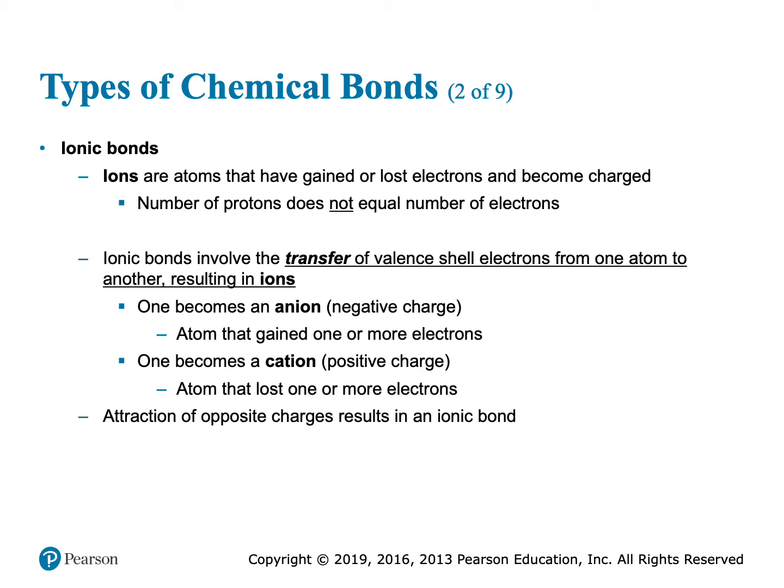Well, you might remember from algebra in math, we don't write 1x, we just write x. Now, if it's 2x or 3x or 4x, you have to write that. But if it's just x, there's an assumed 1 in front of it. So Cl negative is saying Cl 1 negative electron extra. And that's called an anion.